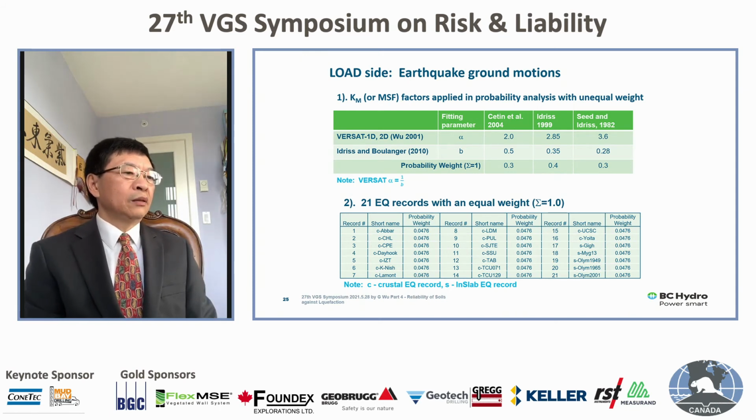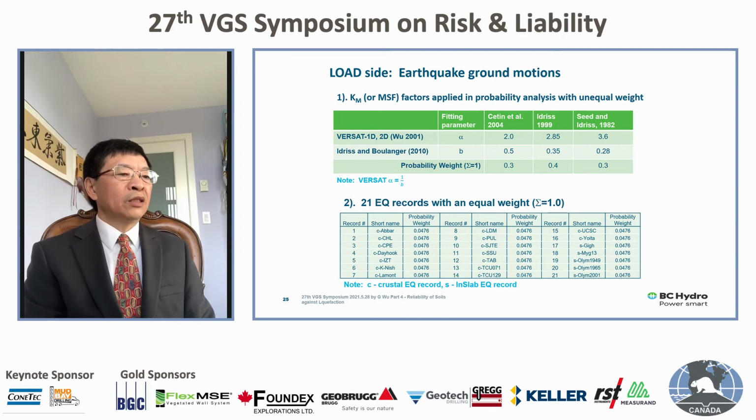The top one is a comparison of the alpha for the three curves, which I used inverse, and they are equivalent. They are basically the same thing, but different formulations. The bottom one is what I use in this probability study: I used 21 earthquakes, equally weighted. So the weight for each of the 21 records is the same.